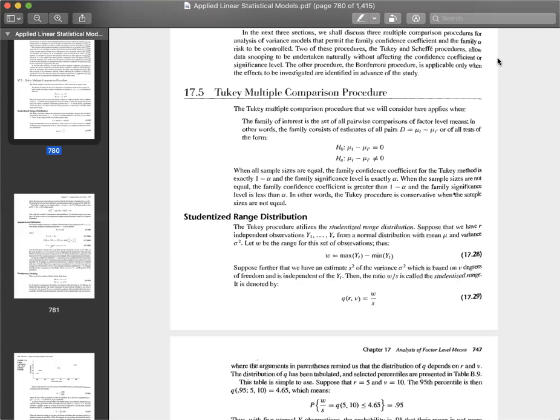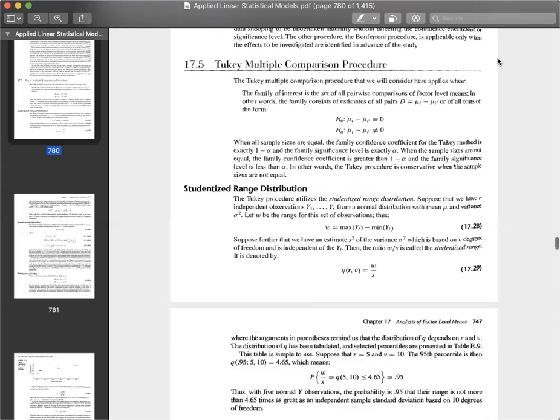Suppose further that we have an estimate S squared of the variance sigma squared, which is based on v degrees of freedom and is independent of the Yi. Then the ratio W over S is called the studentized range, denoted by Q(r, v) equals W over S, where the arguments in parentheses remind us that the distribution of Q depends on r and v.